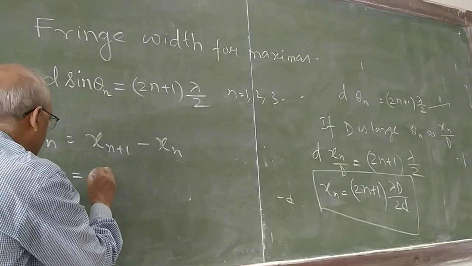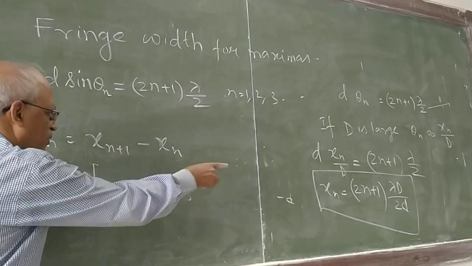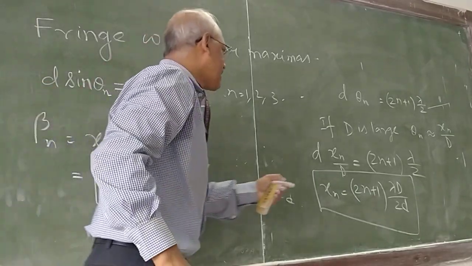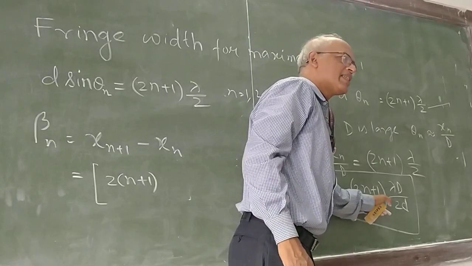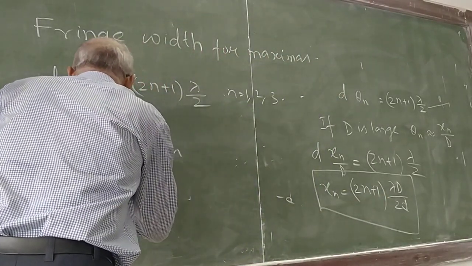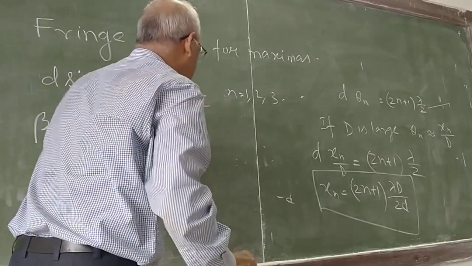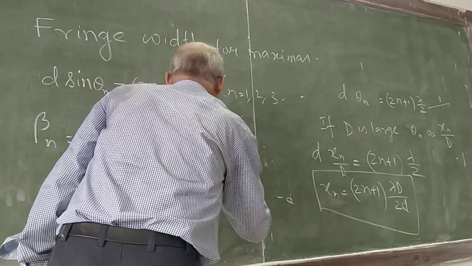Put 2 into n plus 1 in the first case, minus xn will be 2n plus 1.